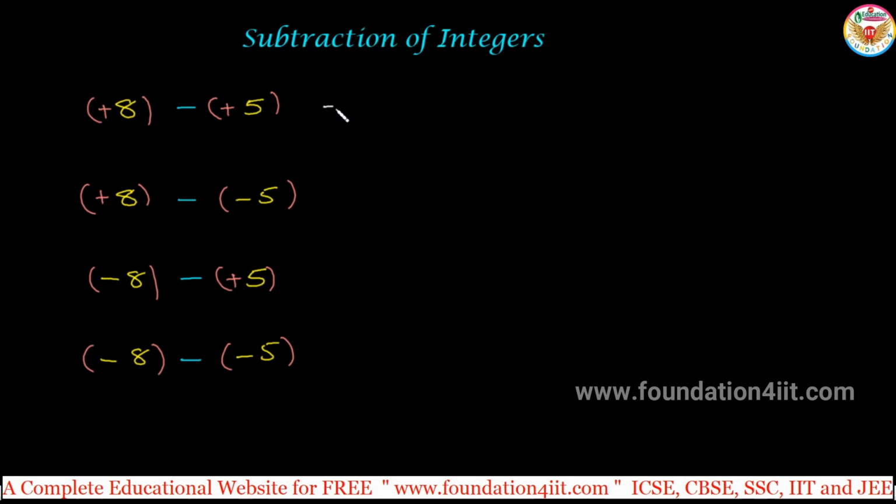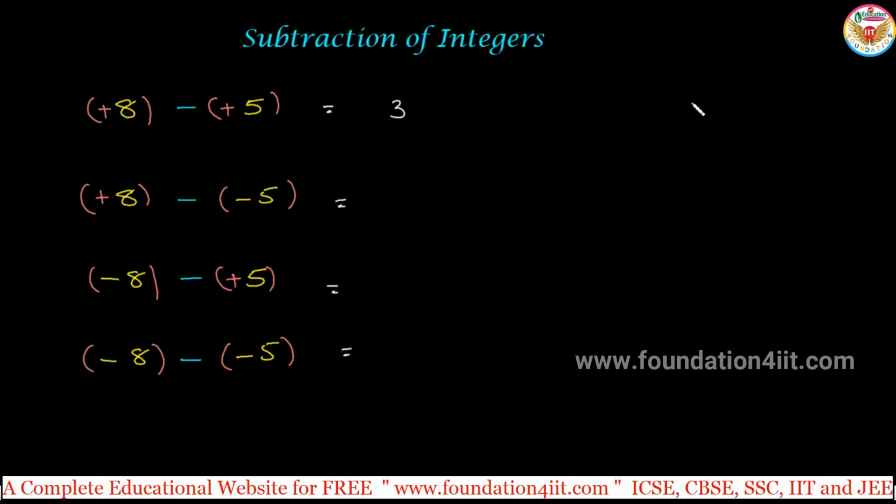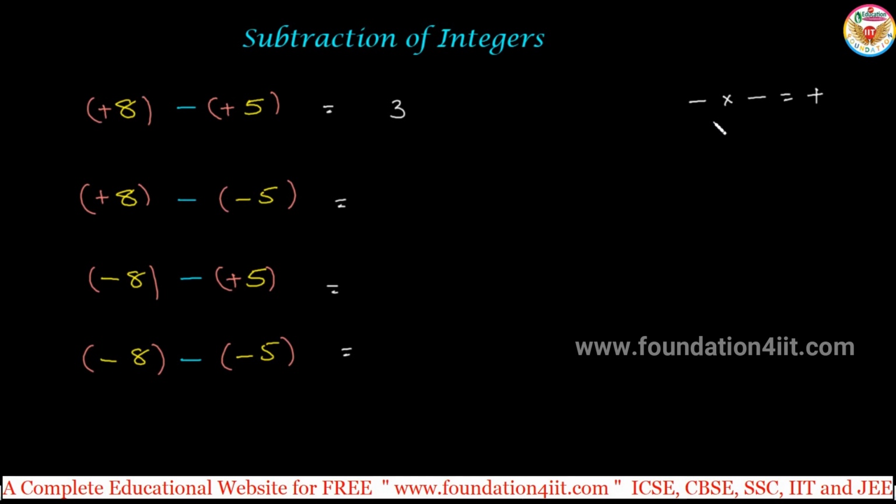Okay, so when you notice this, plus 8 minus plus 5 means 8 minus 5, normal subtraction. From the bigger number, you subtract the small number, it is 3. And 8 minus of minus 5: we have the property that minus into minus is plus.